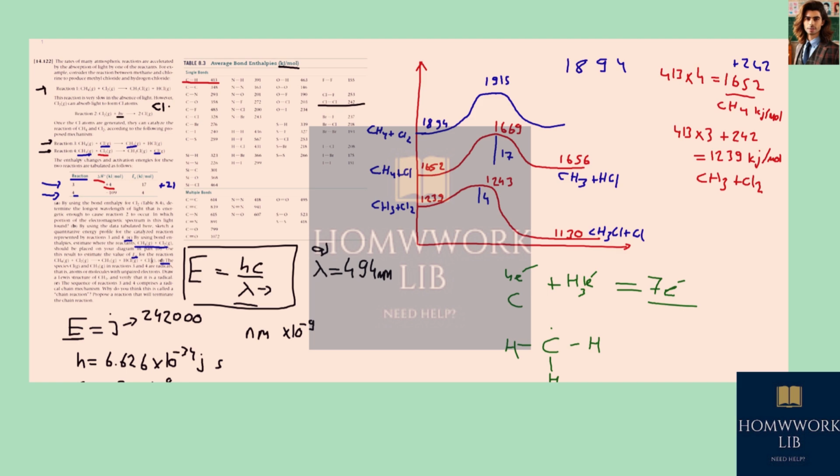And if you do the same for chlorine, we're just talking about 1 chlorine atom over here. So 1 chlorine atom has 7 electrons at the outer shell. So if I assign the electrons 2, 2, 2, 1, that's also a radical.